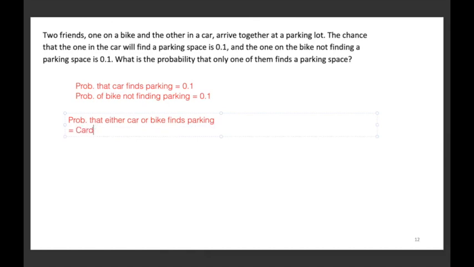In the first scenario, the car finds parking and the bike does not.